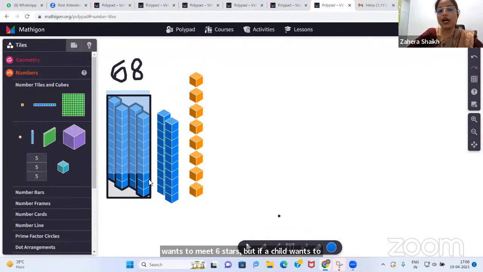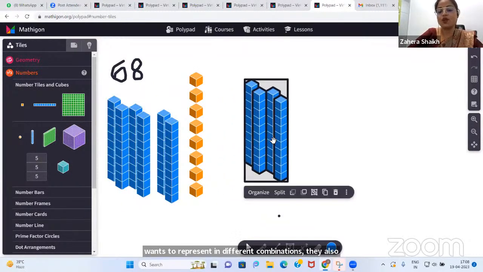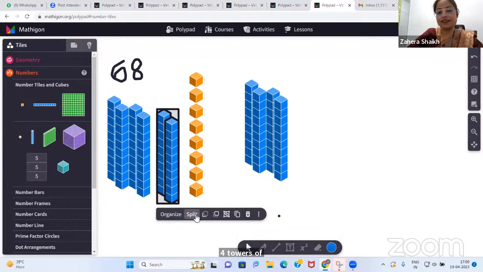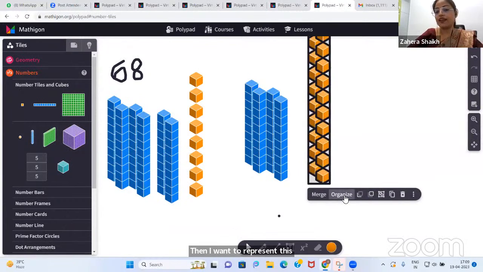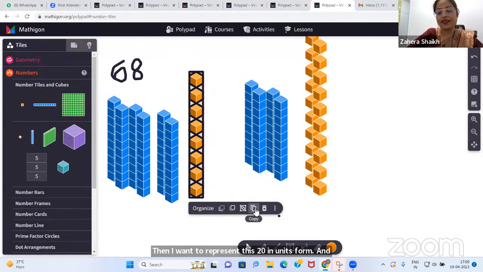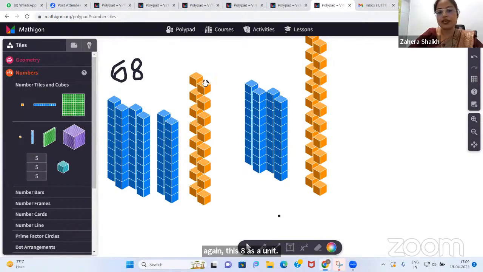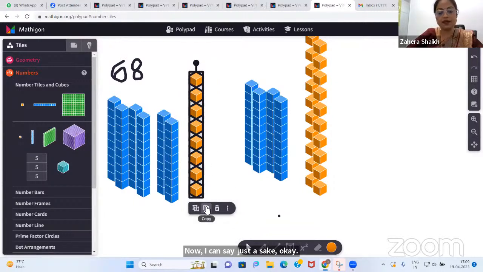So I'm the child who wants to represent 68 like this: 4 towers of tens, and then I want to represent this 20 in units form, and this 8 as units.